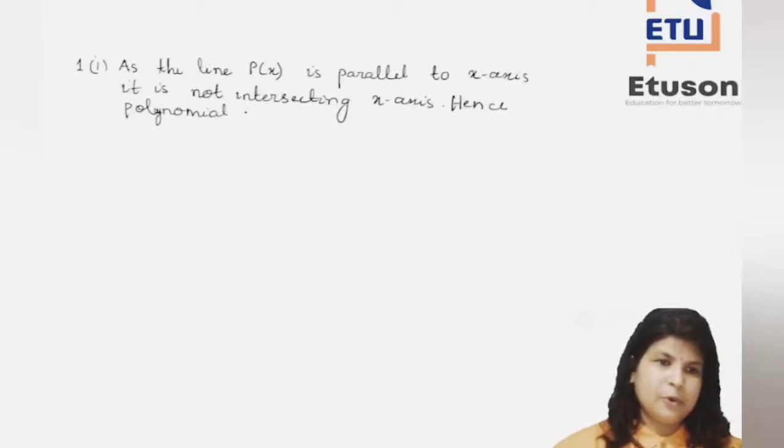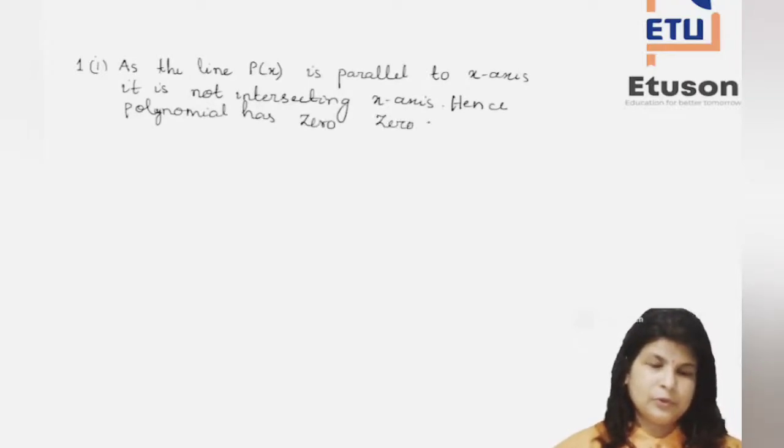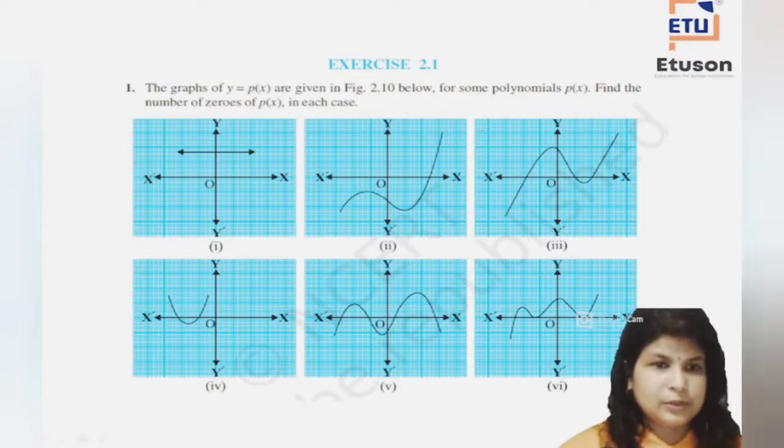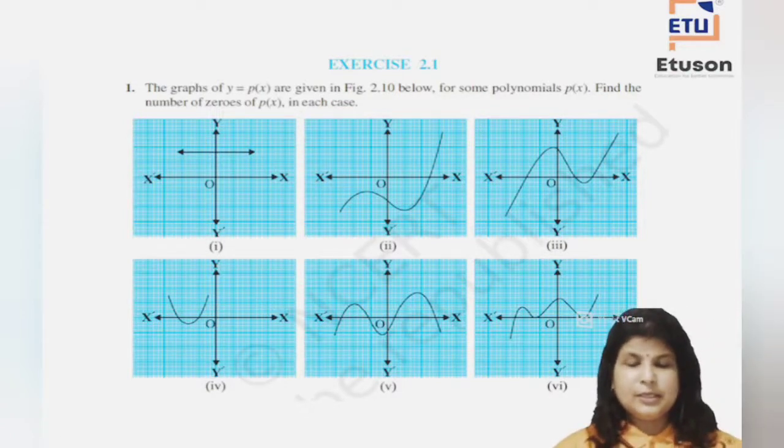Hence the polynomial has 0 values. Correct? So how many zeros? It has 0 zeros. Correct?